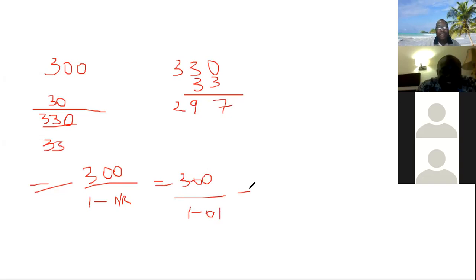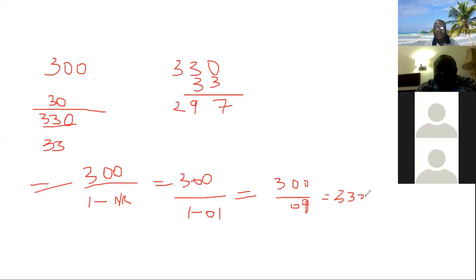Someone should just do that now. 300 all over 0.9 gives you something like 333. If you now calculate 10% of this and remove it, it gives you that 300.